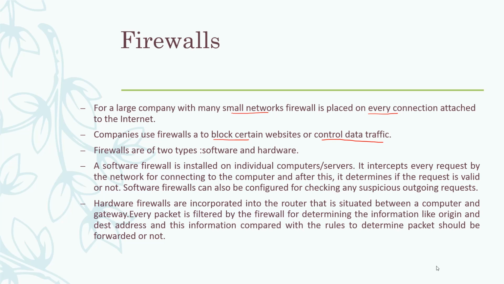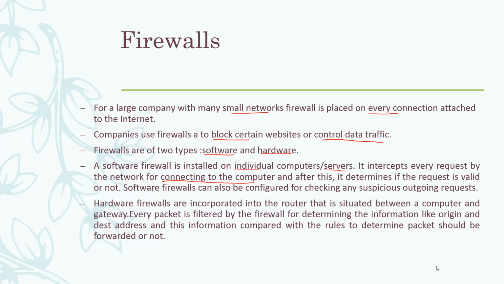Firewalls are of two types, software firewalls and hardware firewalls. A software firewall is installed on individual computers or on servers. It will intercept every request by the network for connecting to the computer, and after this it determines if the request is valid or not.